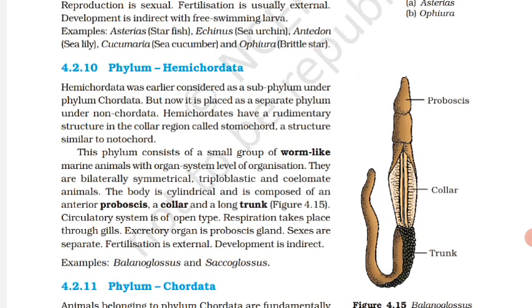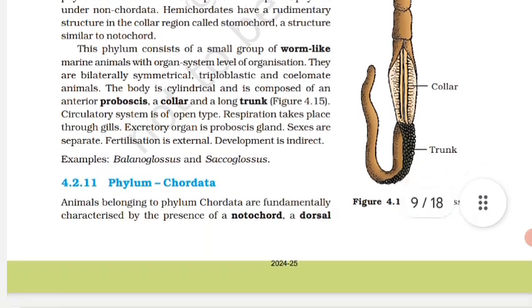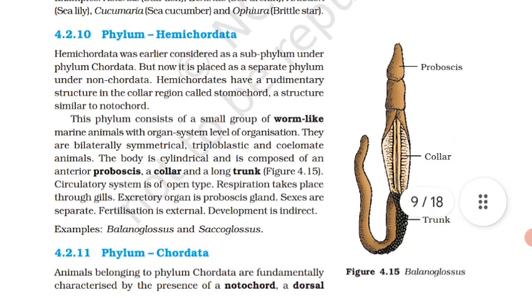Urochordata and Cephalochordata are often referred to as protochordates and are exclusively marine. In Urochordata, notochord is present only in larval tail, while in Cephalochordata it extends from head to tail and is persistent throughout their life.